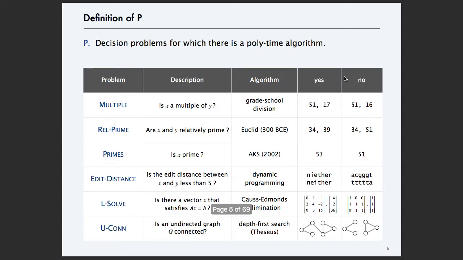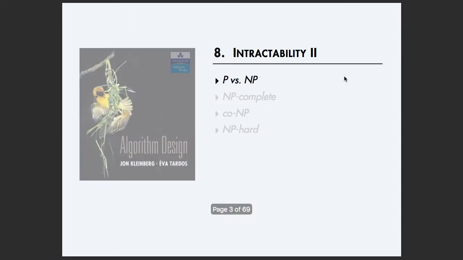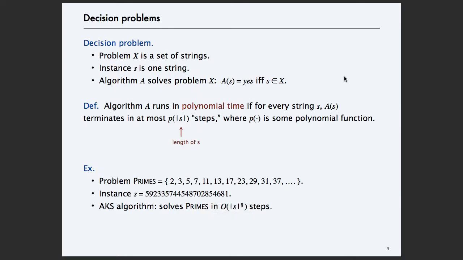We talked about decision problems versus minimization versus search. A more formal definition of a decision problem is: a problem X is a set of strings.